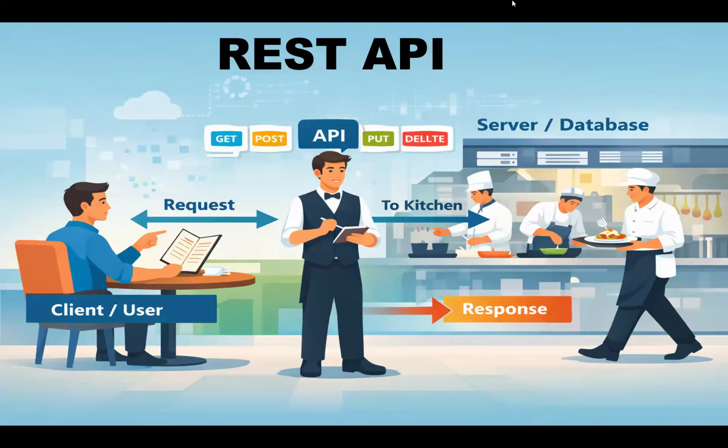So now, first of all, to understand today's topic, I gave a prompt to ChatGPT and ChatGPT gave me this image. Here, if you see, there are three main types of people. One is the client or user. The user has a menu card and on the right side we have the kitchen.